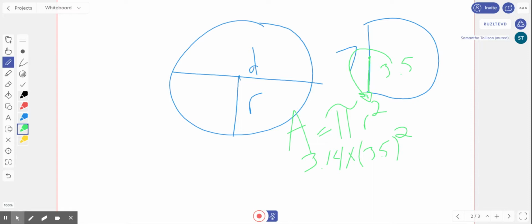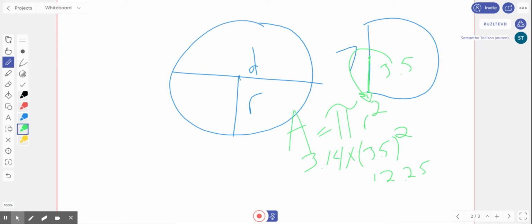So in our order of operations, we square before we multiply. So I'm going to multiply 3.5 by itself, or square it. You get 12.25.